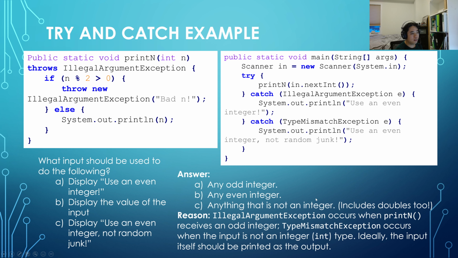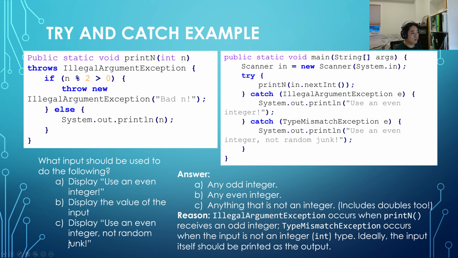Now, the answer for A, when you want to say "use an even integer," is to use an odd integer and pass it to printN. For B, we want to display the value of the input, which means we want to run System.out.println with the argument n, so we can use any even integer.